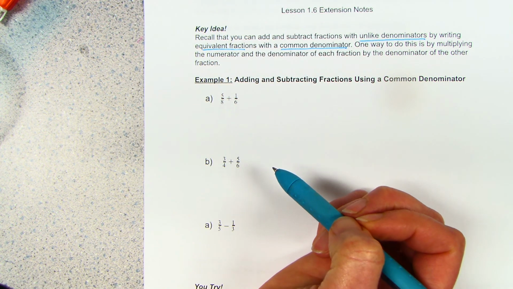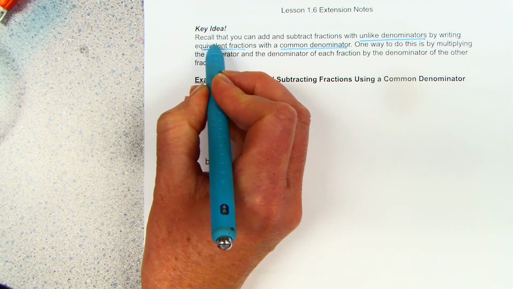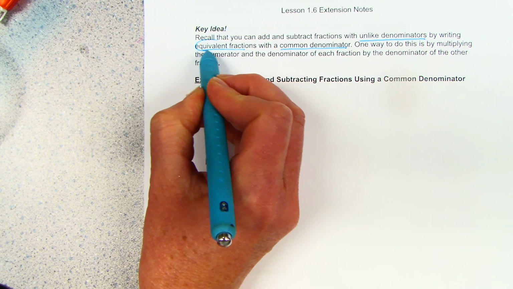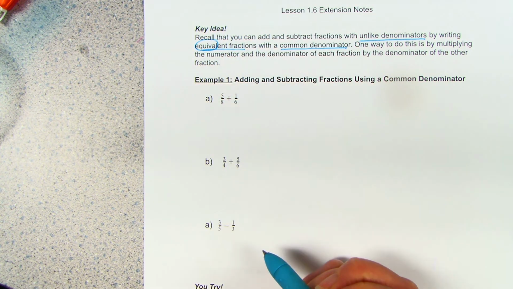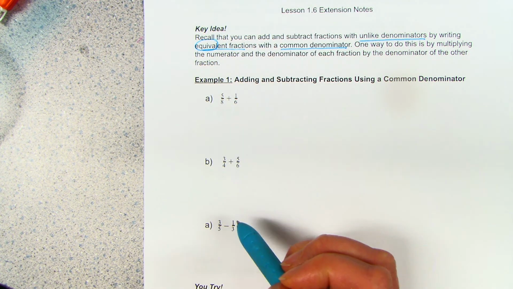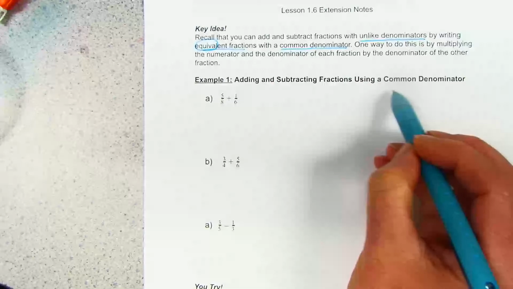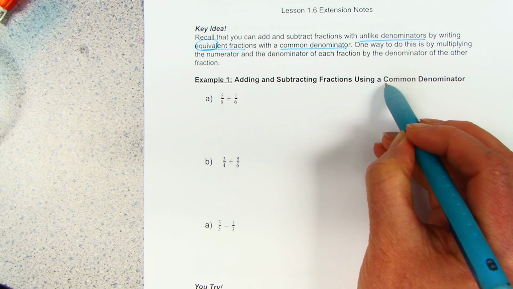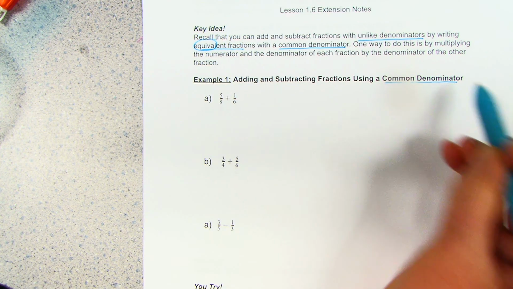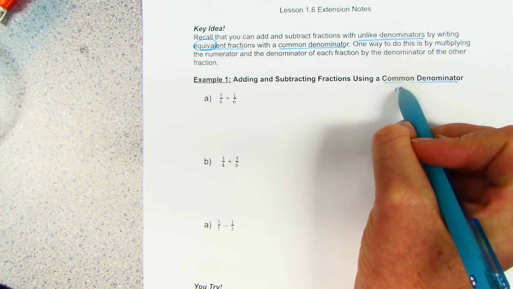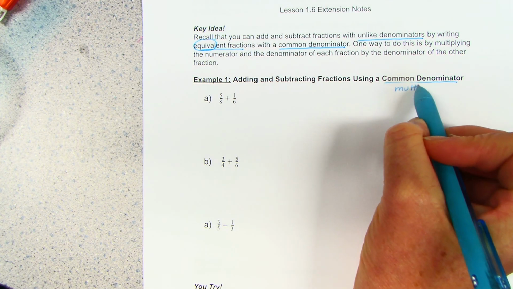When you hear equivalent, you can hear the word equal in there. So a fraction that is the same just has a different form. So we're going to learn 2 different ways of doing that. You can do it by finding a common denominator by multiplying the denominators.